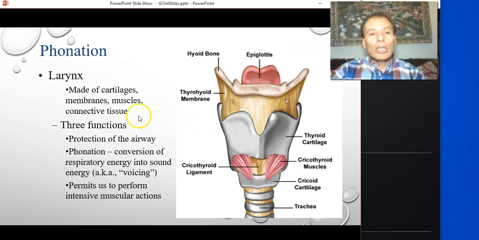The larynx has five major cartilages, and then it has two pairs of smaller cartilages that you'll study. It has many muscles that regulate vocal function, and also many muscles that lift up the larynx and pull it down.